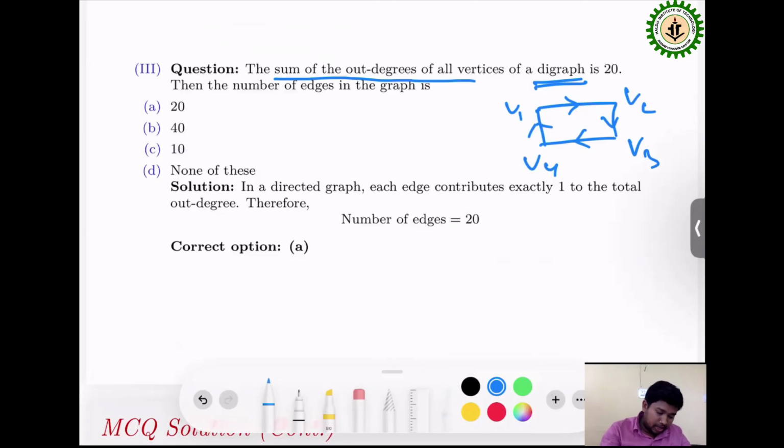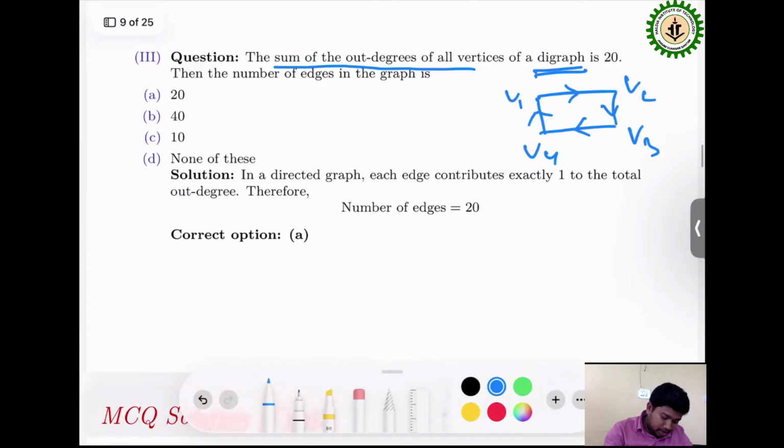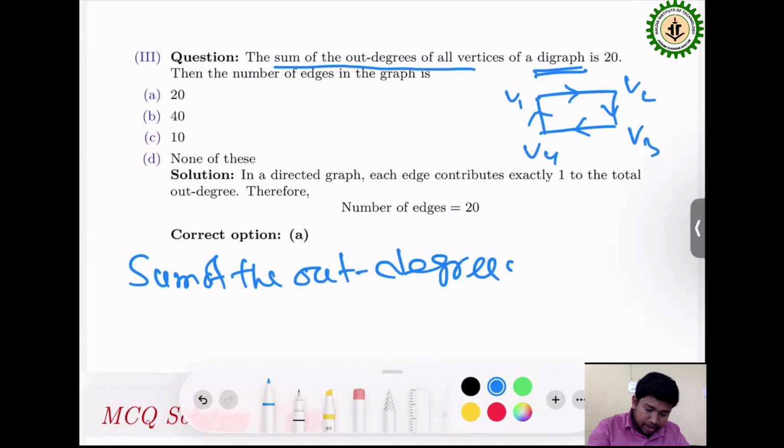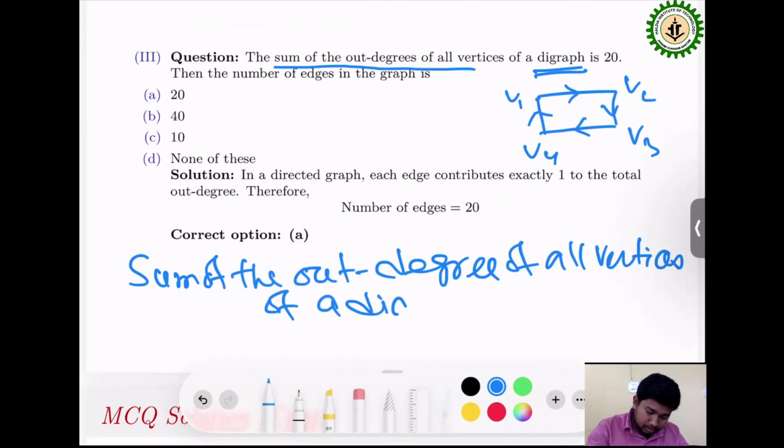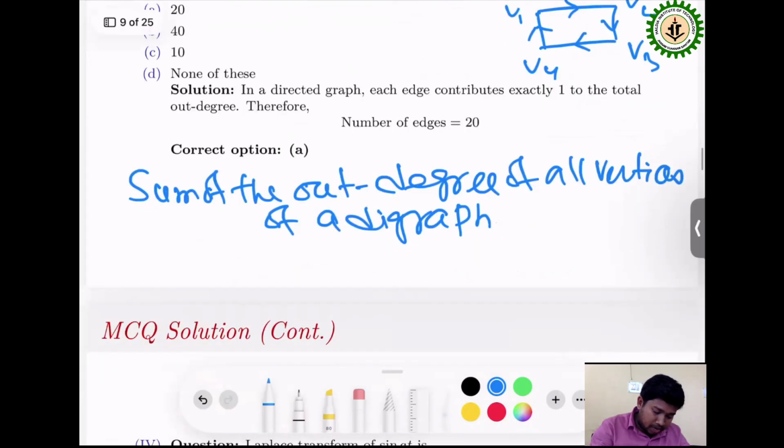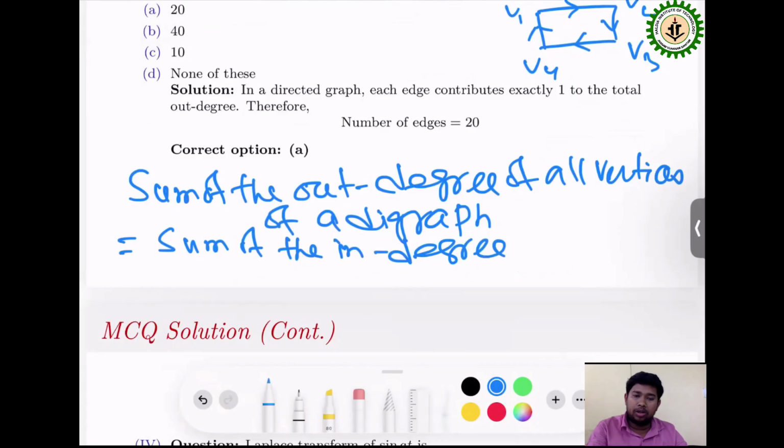We have a theorem. The theorem is that the sum of the out degree of all vertices of a digraph is equal to the sum of the in degree of vertices.